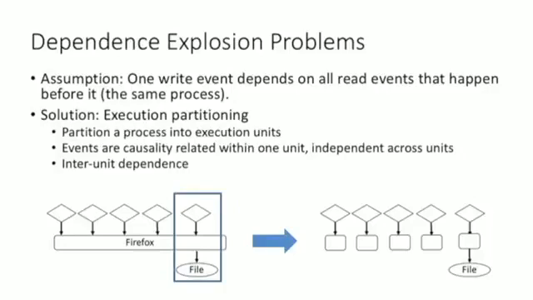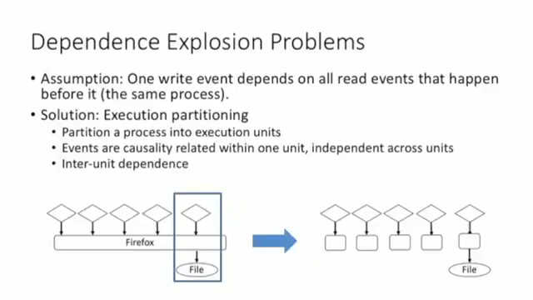Obviously, individual units can depend on each other. So it's called inter-unit dependence. The assumption in this model will be different. In this model, all the events that happen within one unit have causal dependence, and we will analyze that causal dependence.